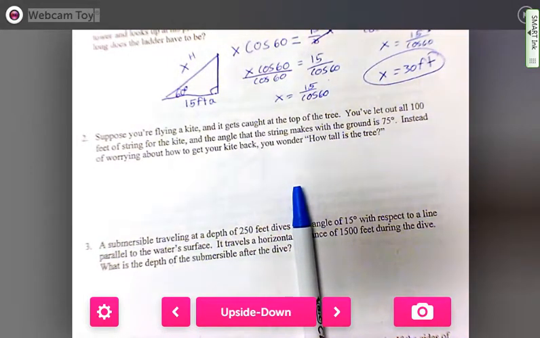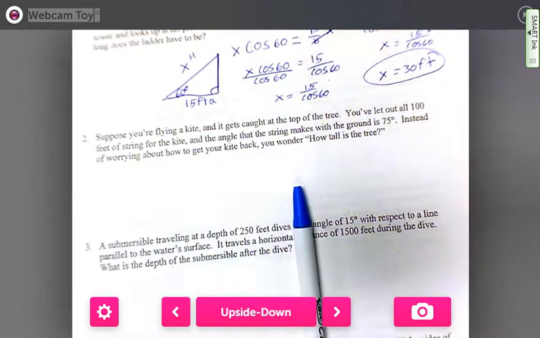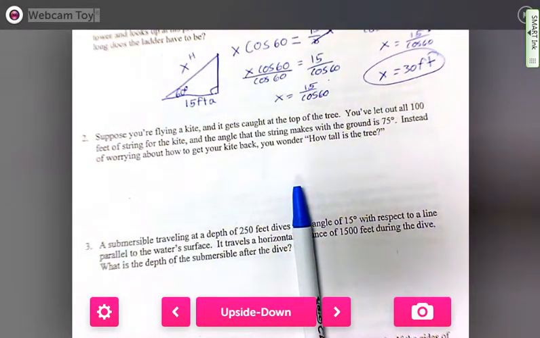Where's the 100 feet go? Where's the 75 degrees go? Where does your x go? What are you trying to find? Try it right now. Everybody try to draw number 2. You can always erase or scribble it out. Where does your 100 feet of string go? Remember, your kite is caught up in a tree.